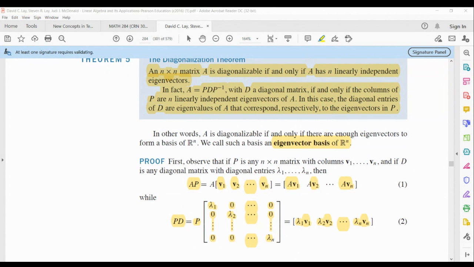Okay, so we're looking at A times P, and we're looking at P times D. Let me go back to the ebook here. Actually, I want to stick with the ebook.